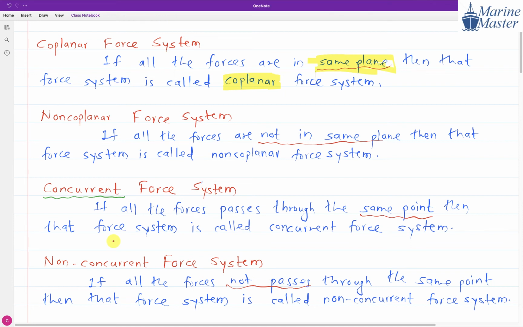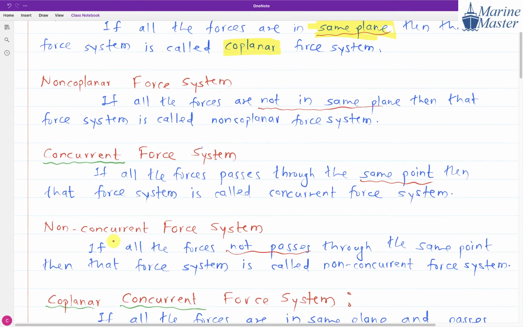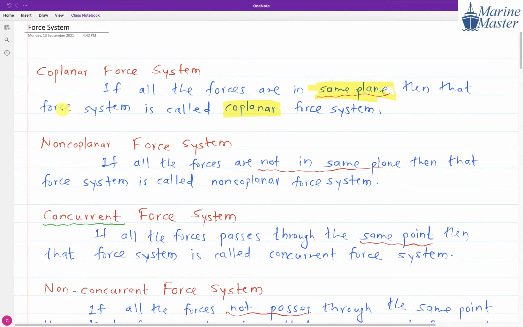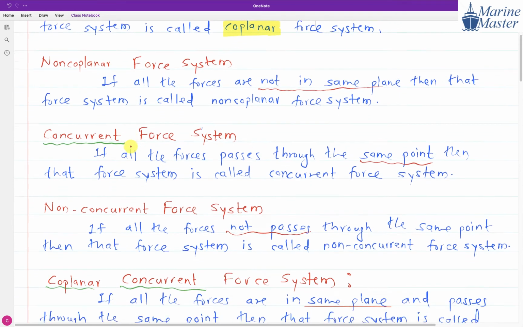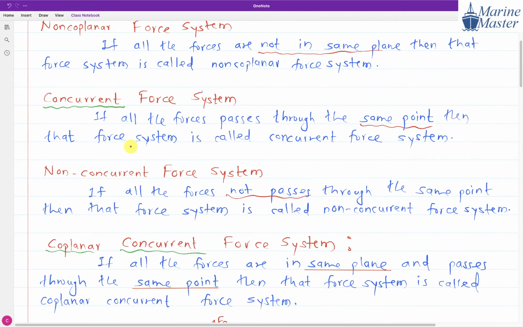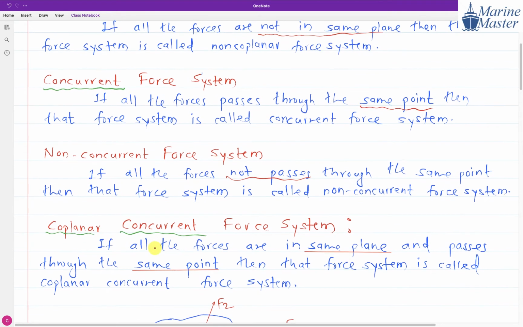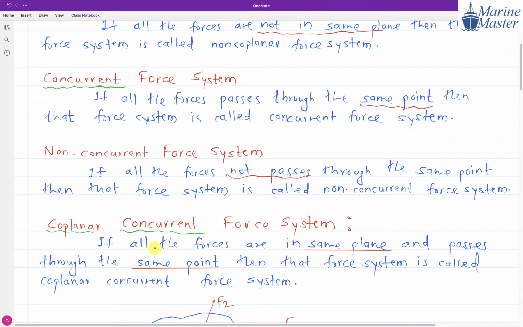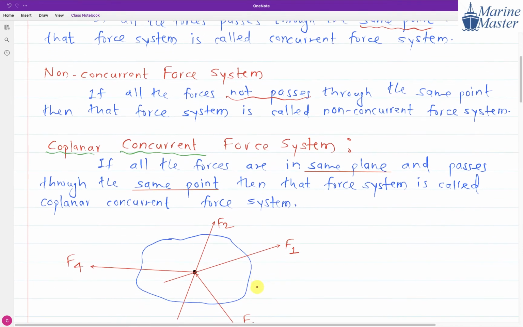Now try to see the scenario here. The next point is the combination of these: coplanar concurrent. Coplanar means same plane. Concurrent means passes through the same point. So coplanar concurrent force system means all the forces are in the same plane and pass through the same point. How do we represent it?